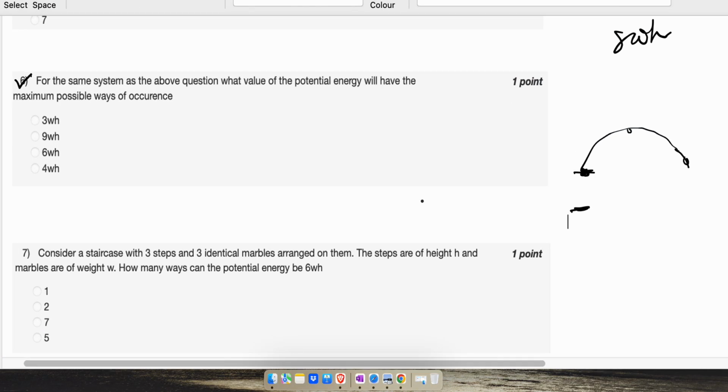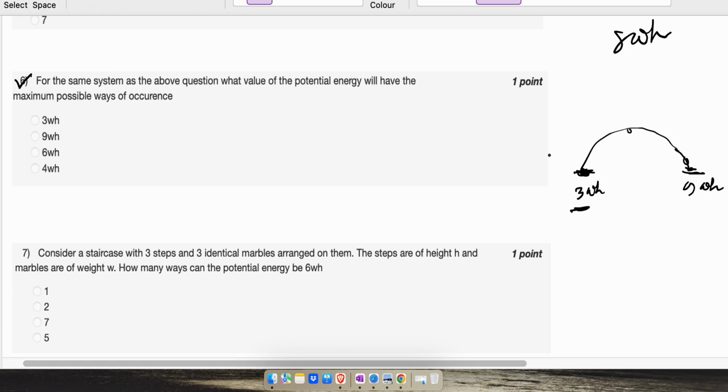That means all individuals remain there, so that will be 3 omega h, the minimum. Only one way is possible to get 3 omega h, and only one way is also possible to get 9 omega h.